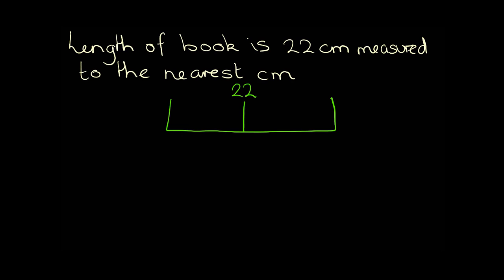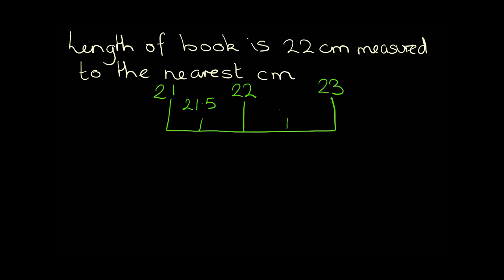And then on the right hand side, we're going to go up 1, and I'm using 1 in inverted commas. In this case, it literally is 1 because our level of accuracy is to the nearest 1 centimetre. So we're going to go up 1 centimetre, and at the other end, we're going to go down 1 centimetre. So then we're now going to go to the halfway mark. So halfway between 21 and 22 is 21.5.